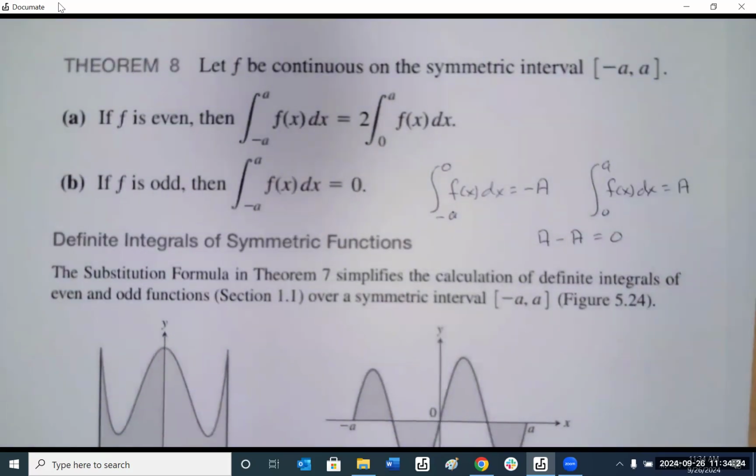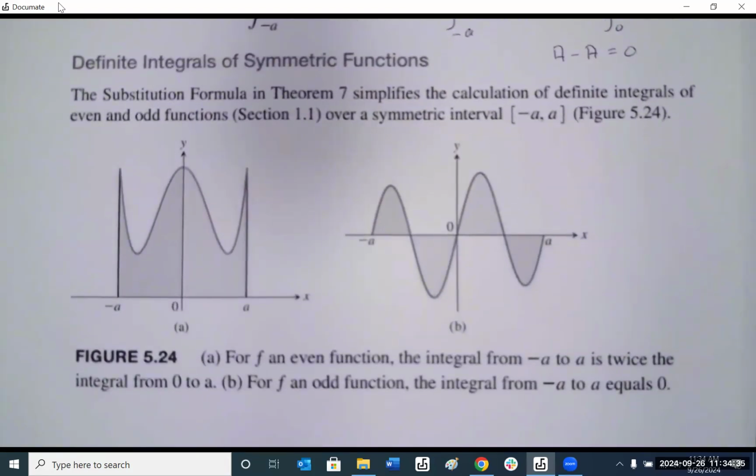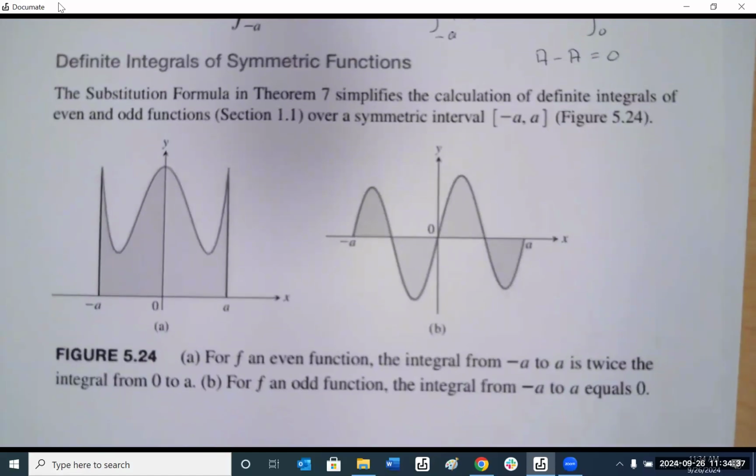That's what it's telling us. So the definite integral of symmetric functions looks like this.